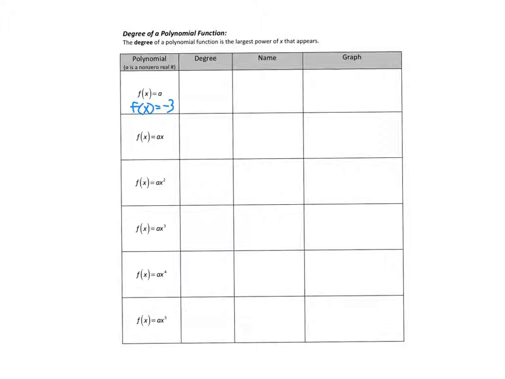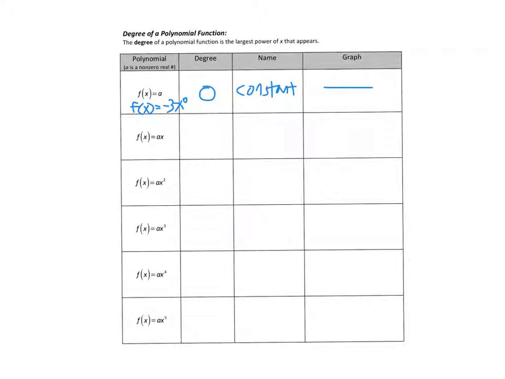This is like -3x to the 0 power. So the degree is 0. Remember that x to the 0 is 1, so we wouldn't write x to the 0. We would just write f of x equals -3. That is our constant function.